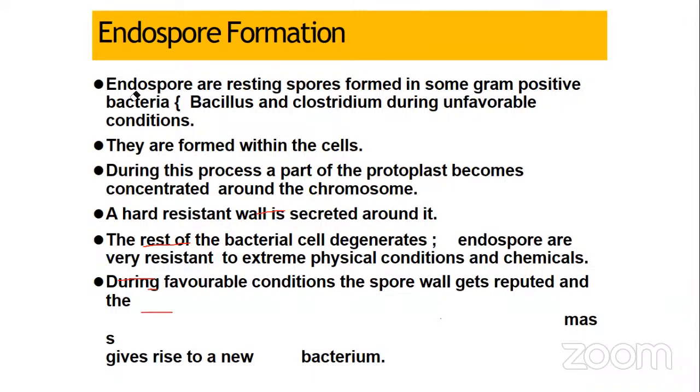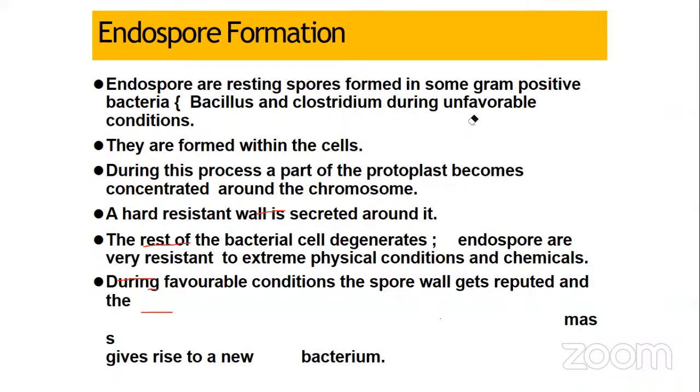Endospores, another name is resting spores, are formed in gram-positive bacteria, Bacillus and Clostridium. As they are resting spores, they are formed only during unfavorable conditions, but not favorable ones.